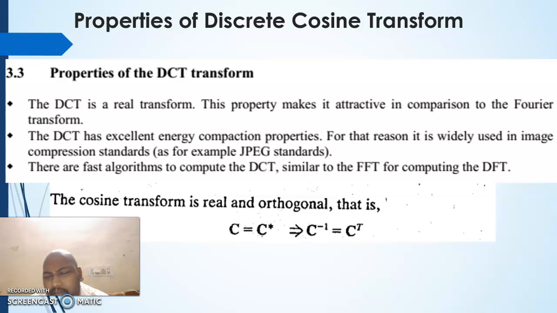Next, the properties of the DCT. DCT is a real transform, compared to the Fourier transform.